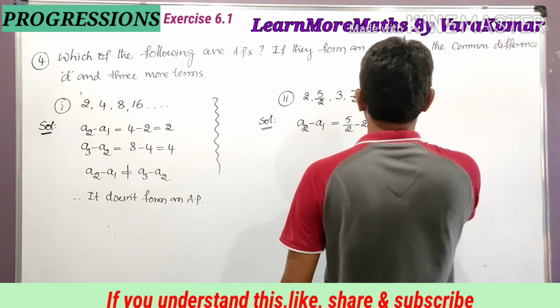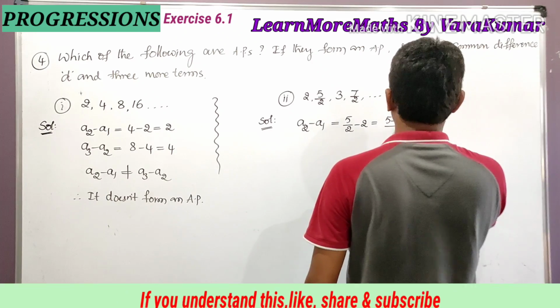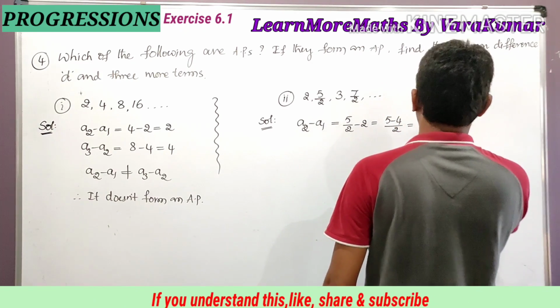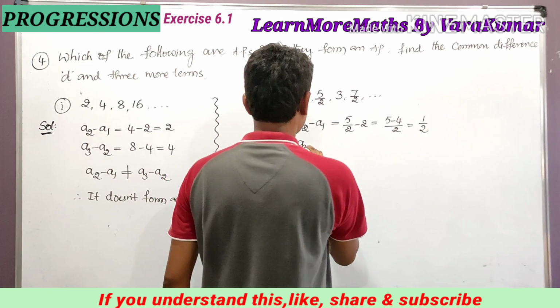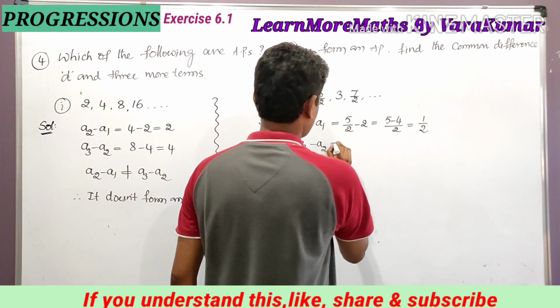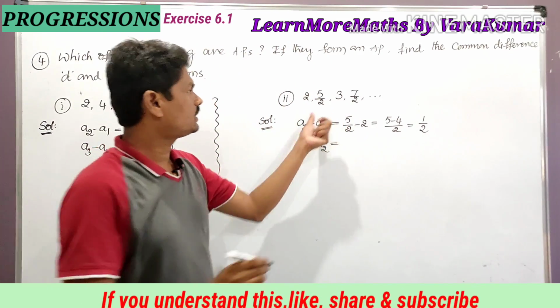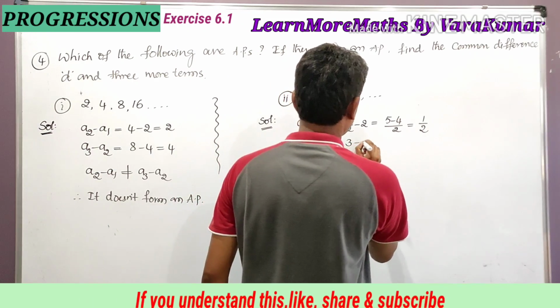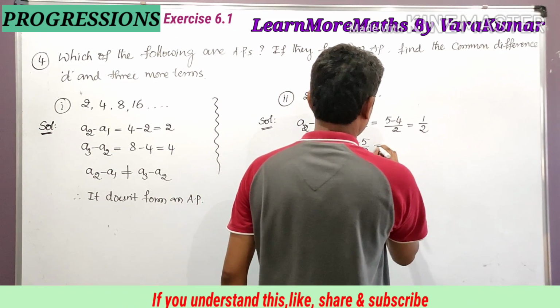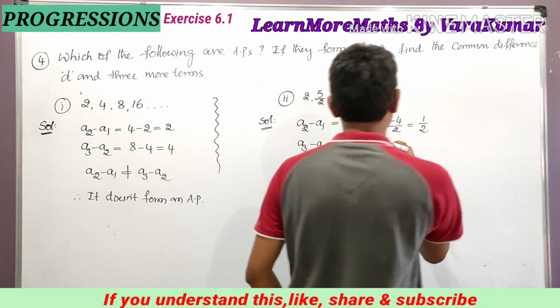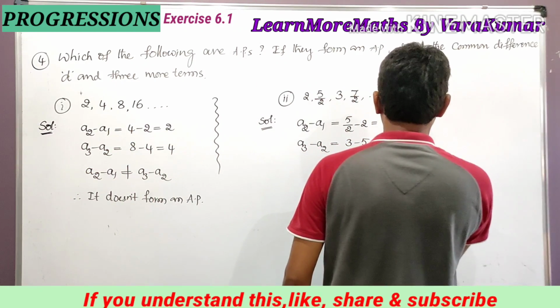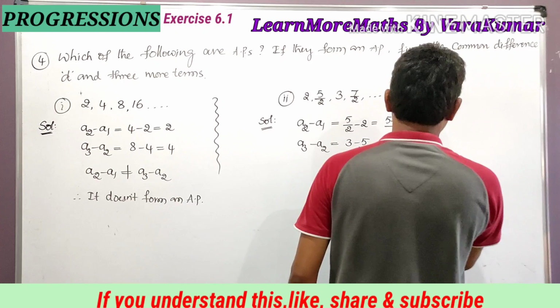By finding LCM we can get 5 minus 4 by 2, which is 1 by 2. So in the same way we have to find A3 minus A2. So A3 is 3 minus A2 is 5 by 2. Again by finding LCM we can get 6 minus 5 by 2, which is 1 by 2.